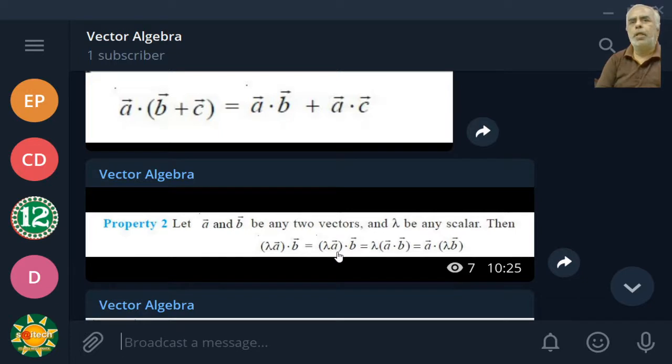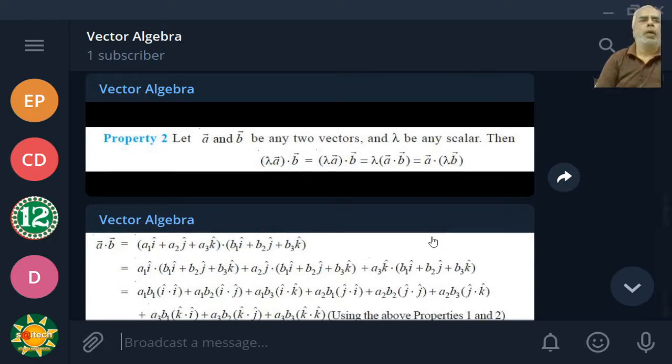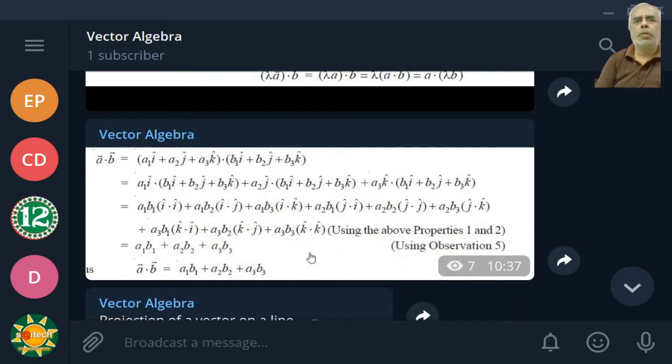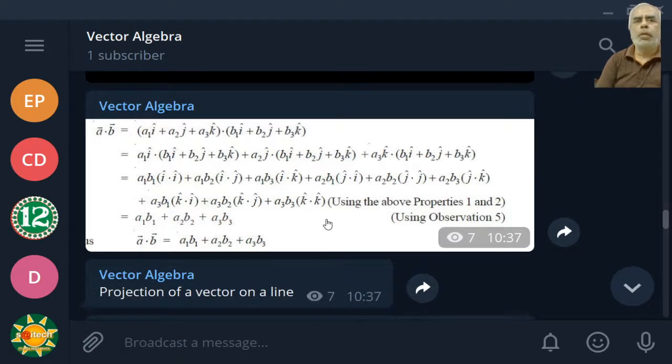Lambda A vector dot B vector, and this lambda can be taken outside the bracket also. So you can put lambda of A dot B vector also. Otherwise you can associate. So this can be associated in many ways. Okay, right.